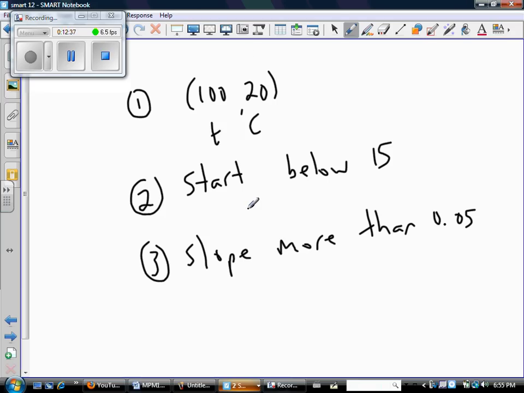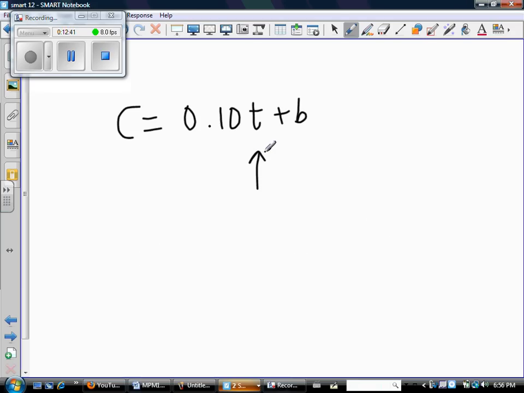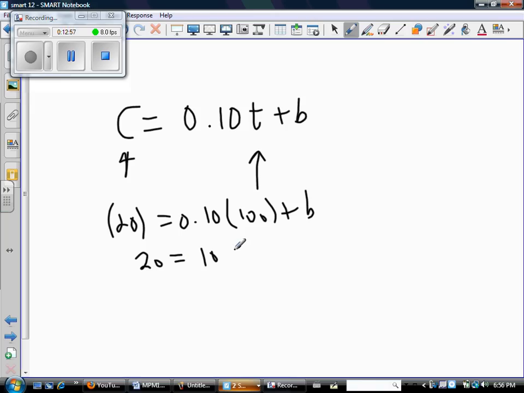So that point where t is 100 and c is 20 has to be on this line. So I'm going to do a substitution using that one point that I know for sure. And that will tell me what starting value must belong to this slope. So 10 cents times 100 is 10 bucks. So B equals 10. So there's one potential equation.